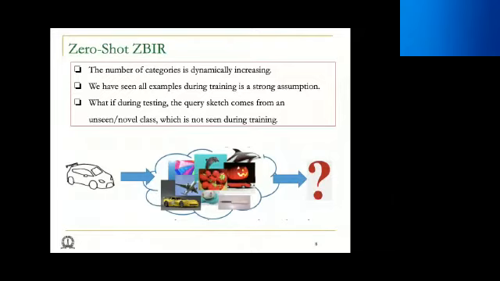But there are some significant differences between zero-shot classification and zero-shot SBIR or zero-shot cross-modal retrieval, and I'll explain that here. But the main goal of zero-shot learning or zero-shot SBIR is that we have not seen those data during training.